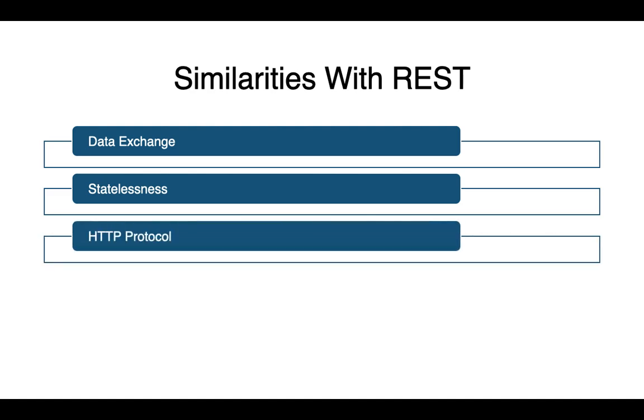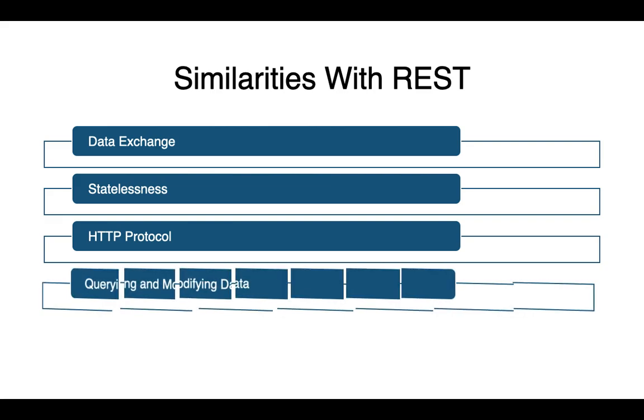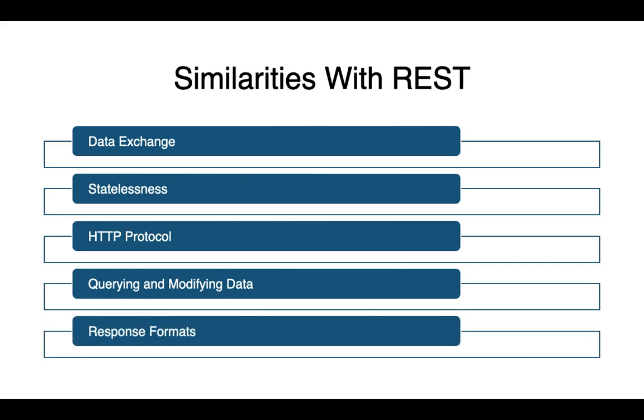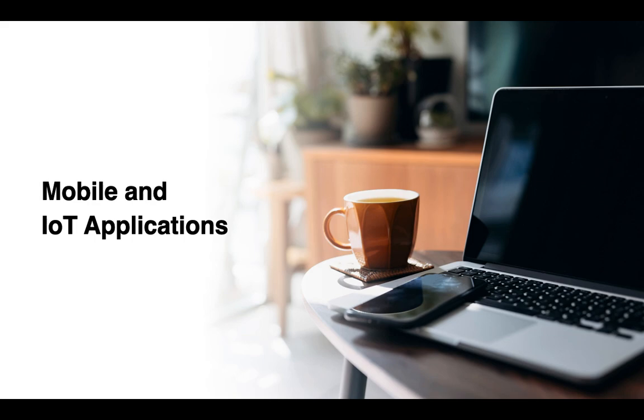Both use HTTP as their foundation, though REST employs various methods: get, post, put, delete, while GraphQL primarily relies on the POST request. Both allow clients to query and modify data, but GraphQL lets clients specify exactly what they need in a single request. Both can return data in popular formats like JSON, XML, and HTML, making them versatile for various applications.